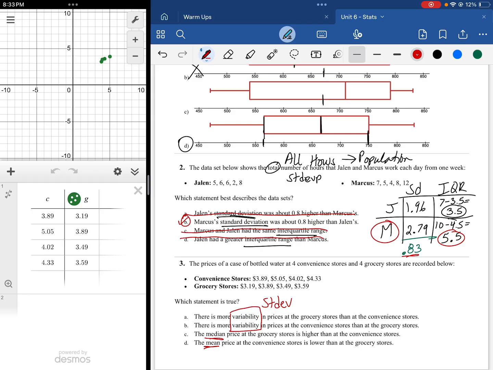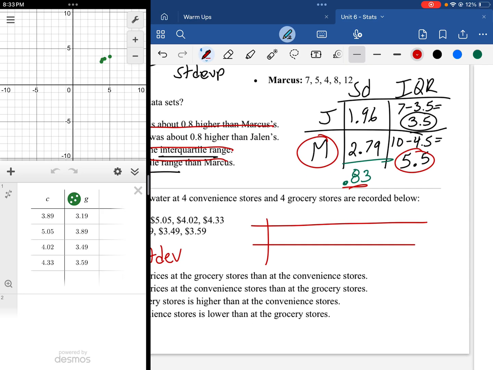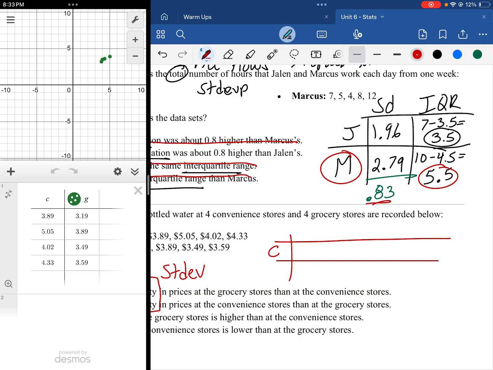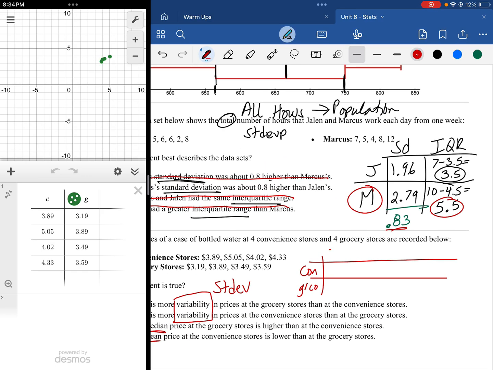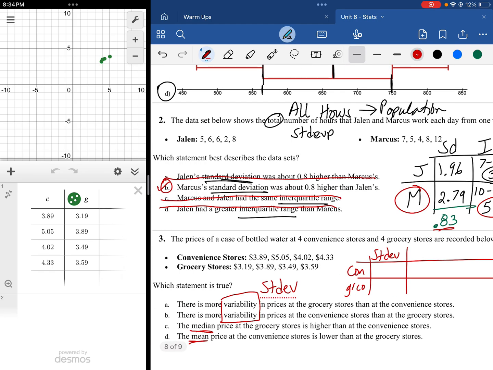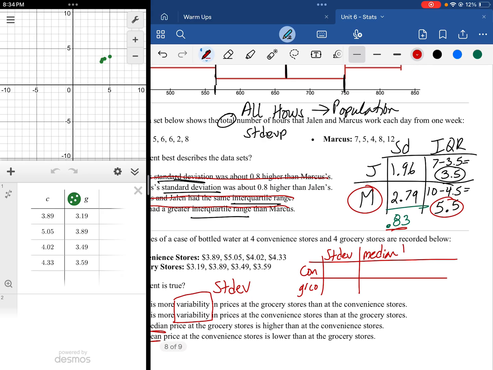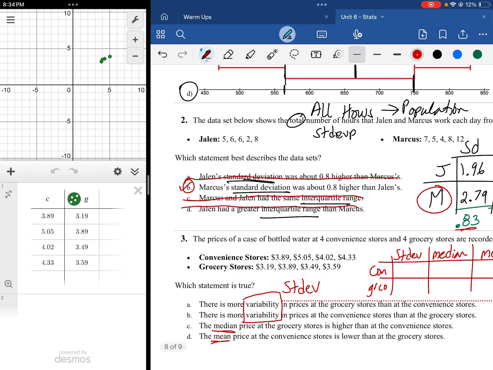So again, just to keep all of our data organized here, I'm going to make us a little table. Here is my convenience store information. Here is my grocery store. Okay, and we know we need the standard deviation. We also know from reading the answers we need the median, and we also need the mean. So I went ahead and put our numbers in Desmos.